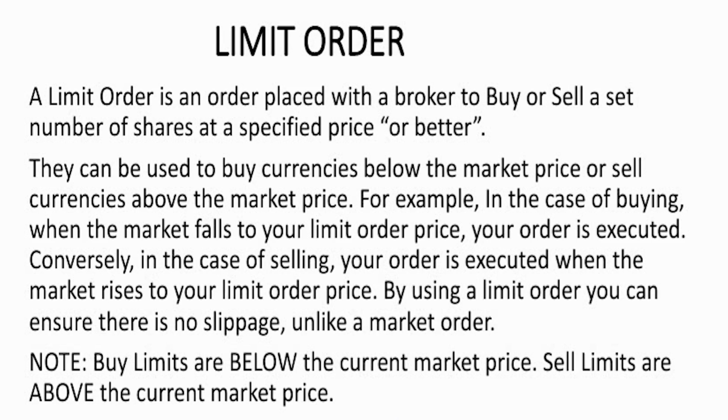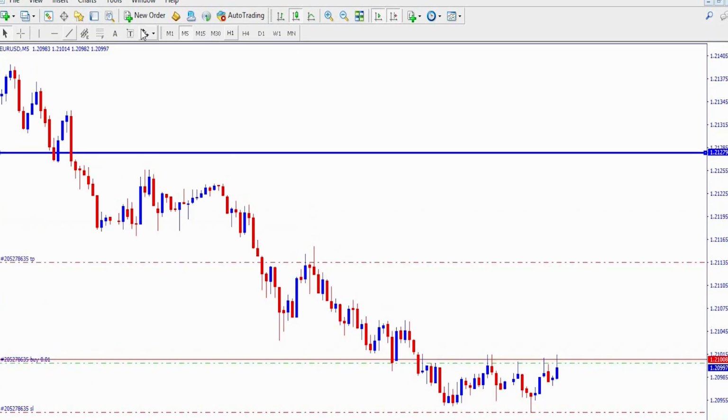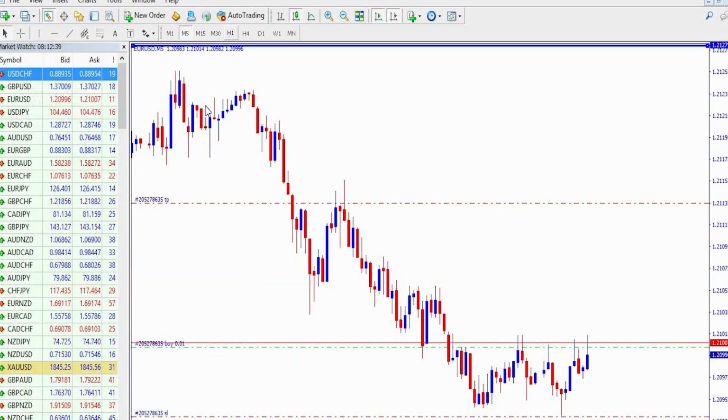So let's quickly open the chart and explain the limit orders. Now, let me get another chart to explain that.